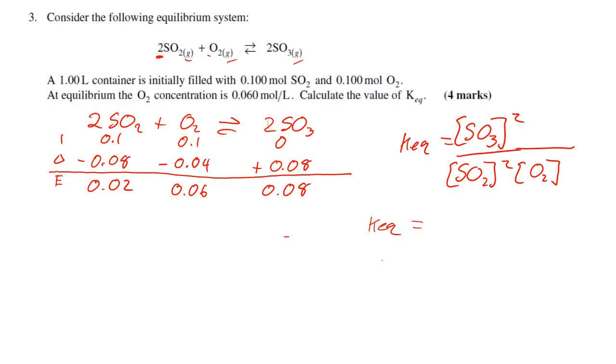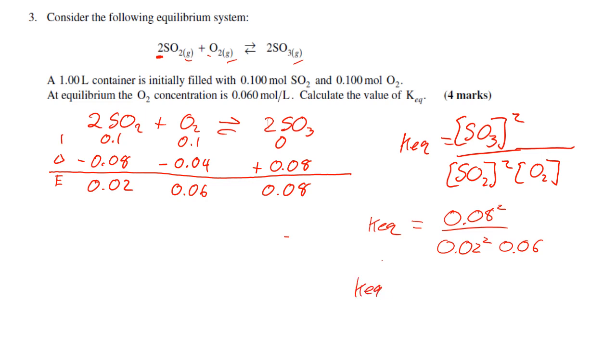KEQ equals SO3 at equilibrium, which is 0.08 squared, over SO2, which is 0.02 squared, and oxygen, which is 0.06.